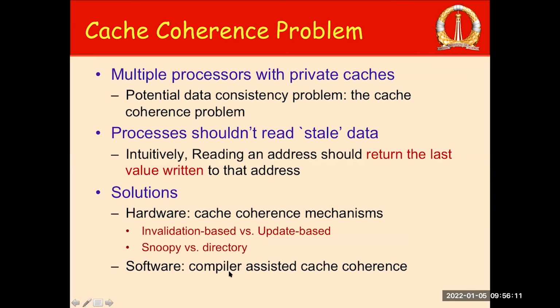One could also think of a software solution, which is somewhat inefficient, but is cheaper because there is no associated hardware with it. We are not going to talk about the software cache coherence approaches. We will only focus on this invalidation based hardware cache coherence approach.